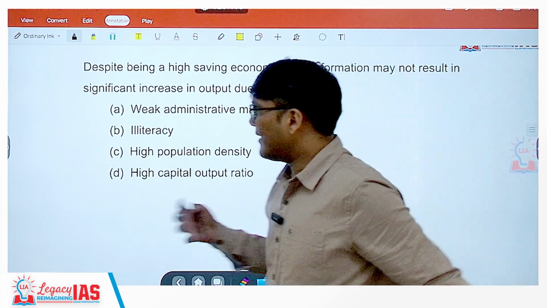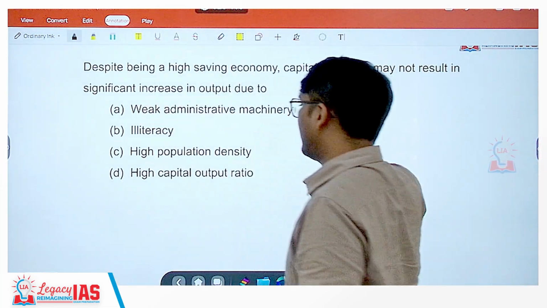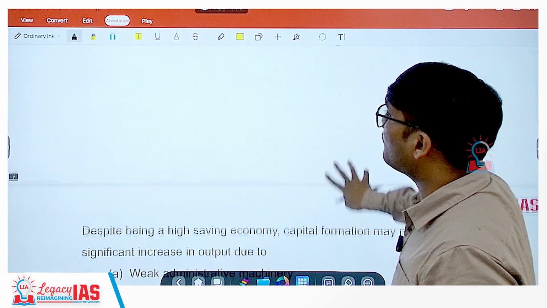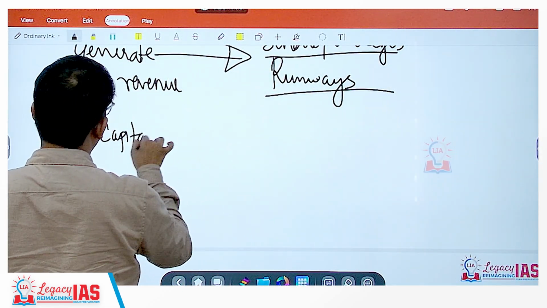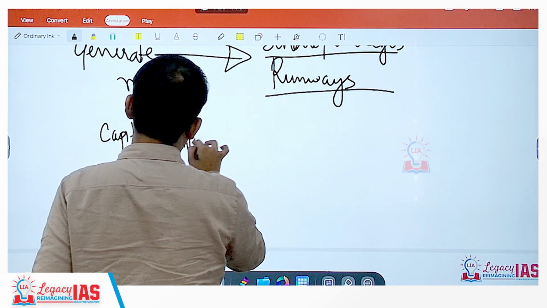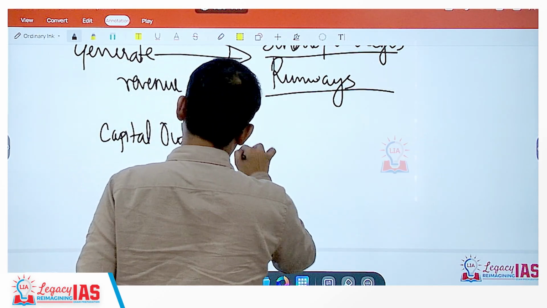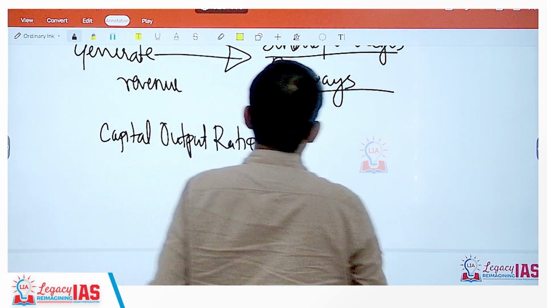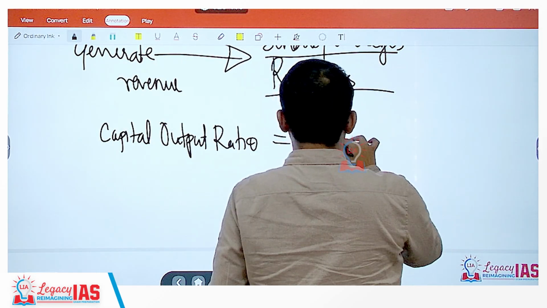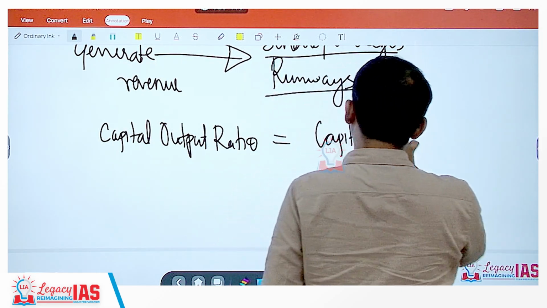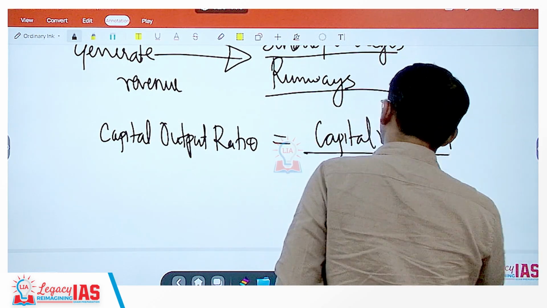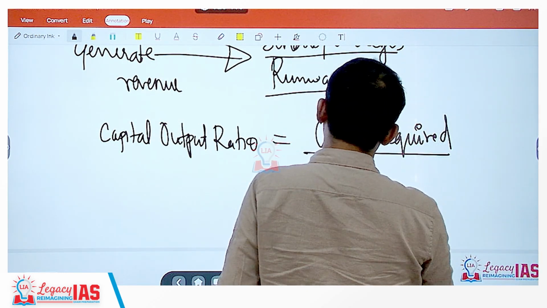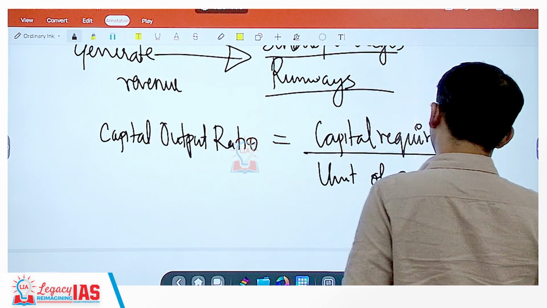Now before that, let's understand one more concept, capital output ratio. What is the capital output ratio? Capital output ratio is the capital required per unit of output.